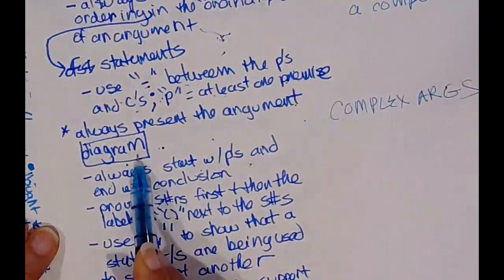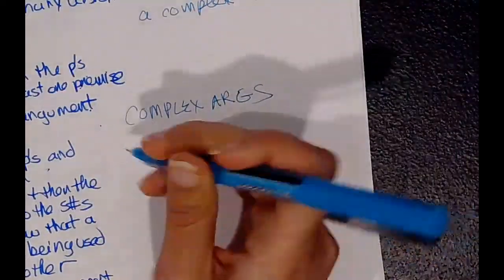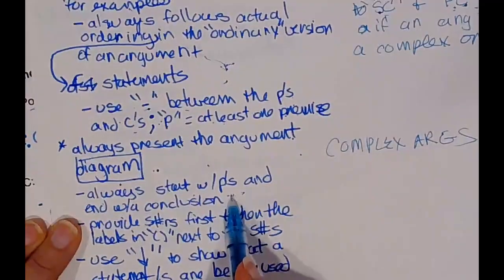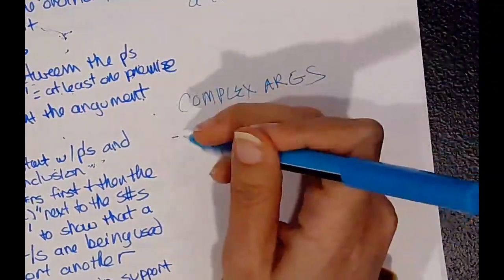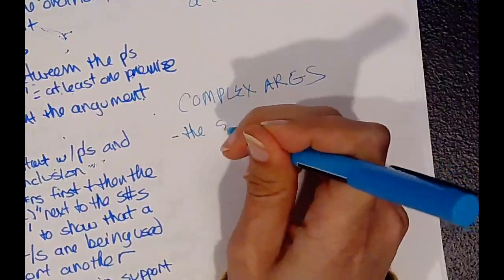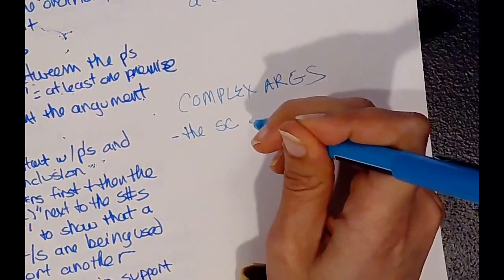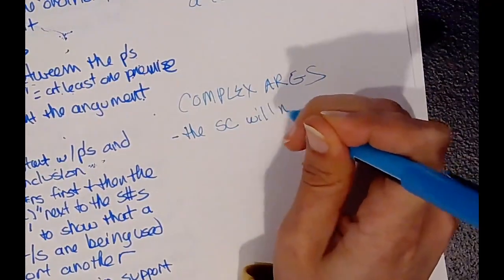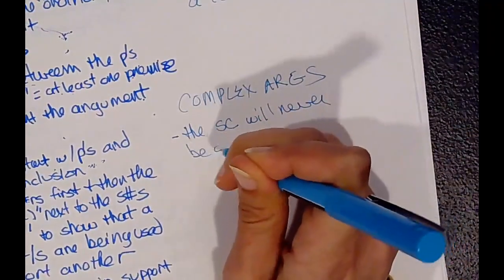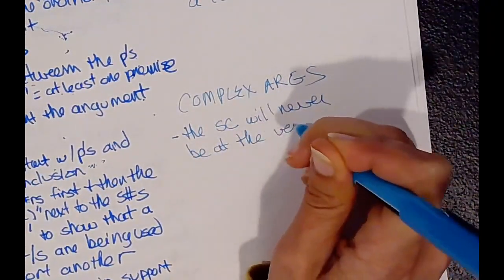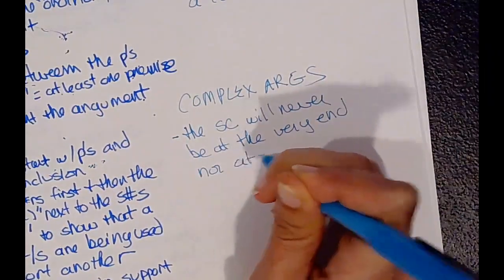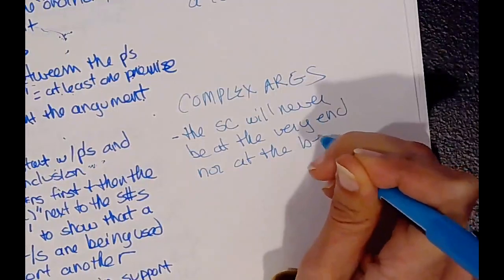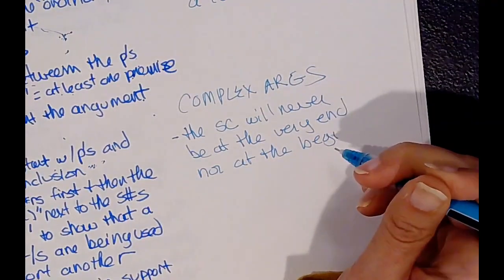So right here, I'm at the diagram part of our notes. You always still start with premises, and you still end with the conclusion. So an added note is that the sub-conclusion in an argument diagram will never be at the very end, nor at the beginning. Wait a minute, premise 1 and the sub-conclusion.